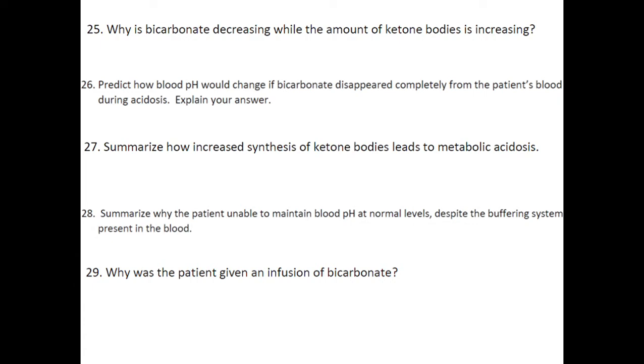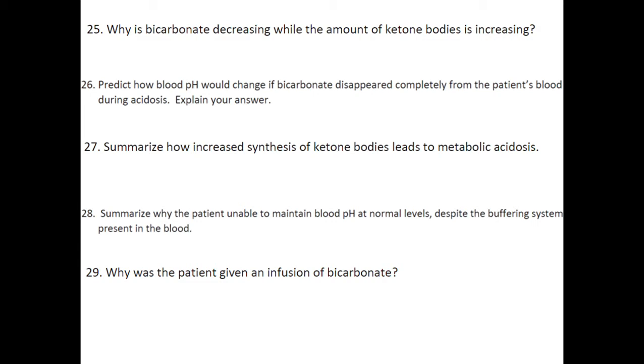So let's look at this blood buffering system. Why is bicarbonate decreasing? First, ketone body is increasing. When we increase ketone body, we are increasing the amount of carboxylic acid. When we have a lot of acid in our blood, pH will decrease. When pH decreases, that means we have a lot of H plus in our system, right?